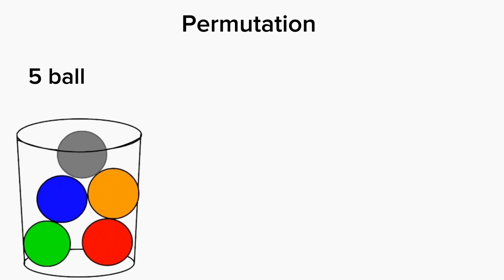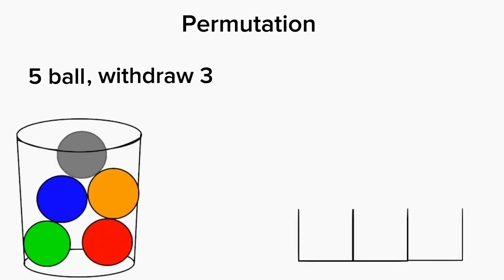Okay, in here we have red ball, green ball, blue ball, orange ball, and gray ball. So, we are going to take 3 of them, one by one, without return.